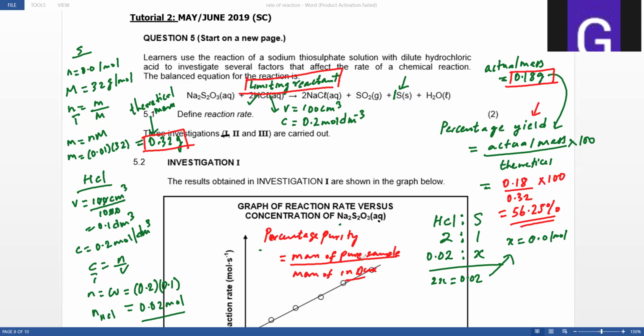This is percentage purity. And guys, it's very important to know that once they say one substance is in excess, it means the one that is reacting with it is the limiting. It will be used up completely in a chemical reaction.